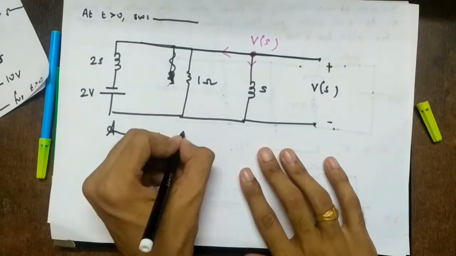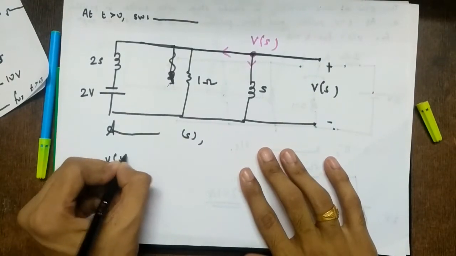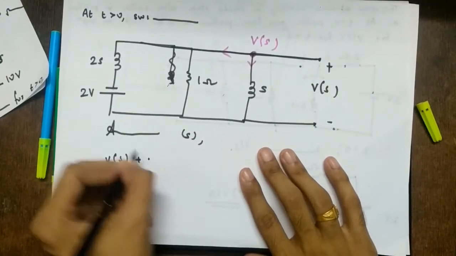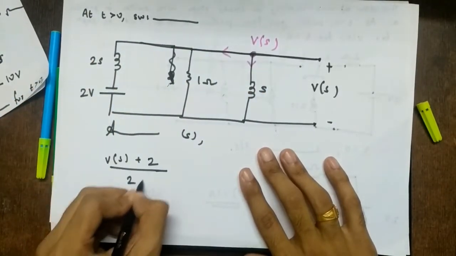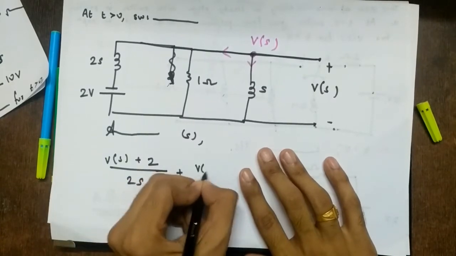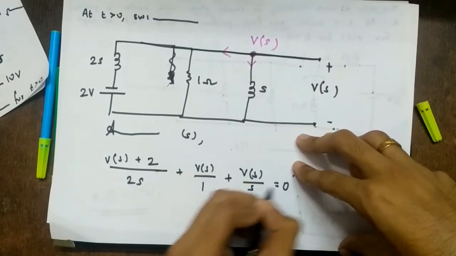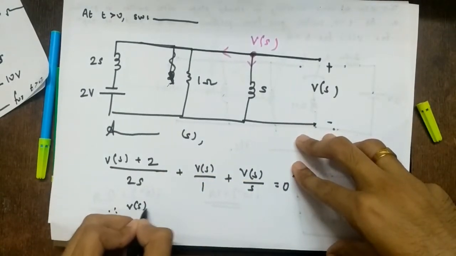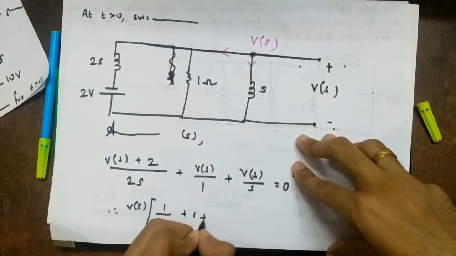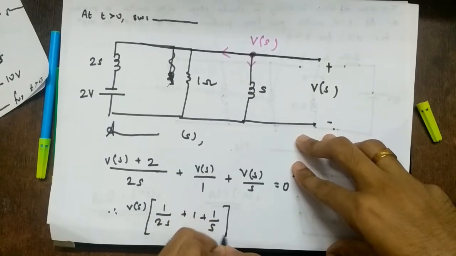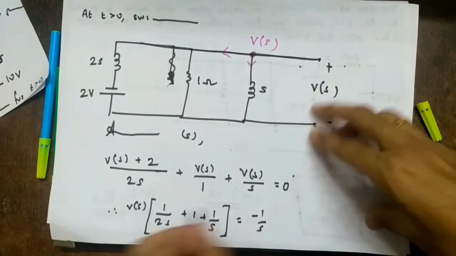So what will be the KCL? Applying KCL at the node, with currents going away: V(s) plus 2, the voltage source, upon the impedance 2s, plus V(s) upon 1, plus V(s) upon s, equal to 0. So take V(s) common. V(s) into 1 upon 2s plus 1 upon s equals minus 2 upon 2s, so minus 1 by s.